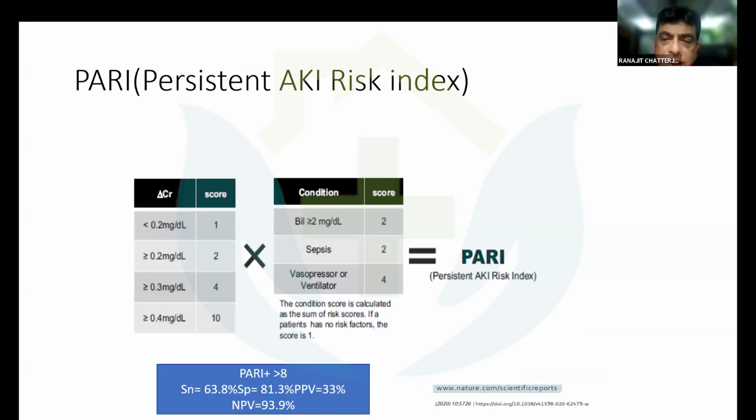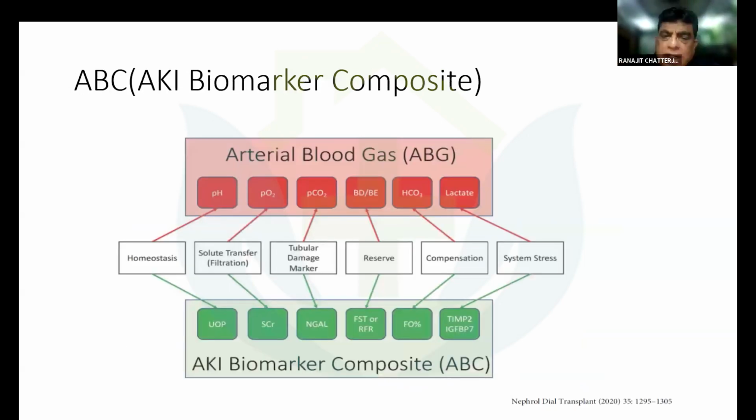This is very important. I don't know how they'll formulate the question here, but this is the latest concept that they have given by Ronco. How they have basically the AKI biomarker composite. They are basically like in the arterial blood gas, PaO2 stands for hemostasis, your urine output stands for the renal hemostasis.